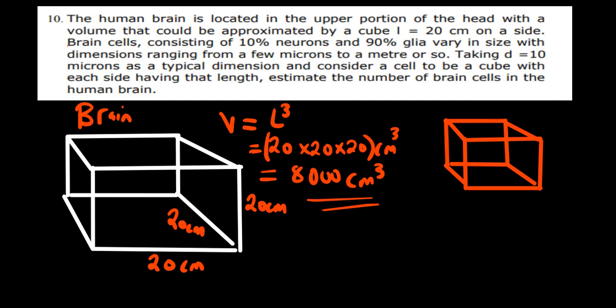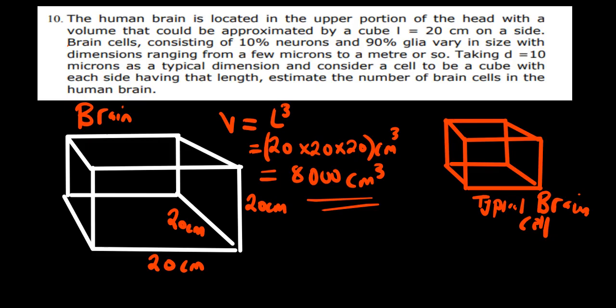Now what about the cell? They are saying to take a typical dimension, with an estimated number of brain cells in the human brain. So now this is a typical brain cell, found in that brain.